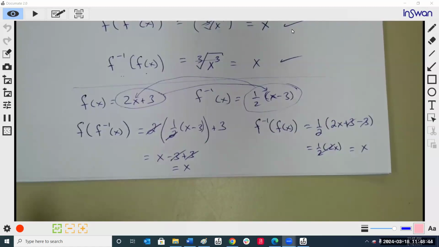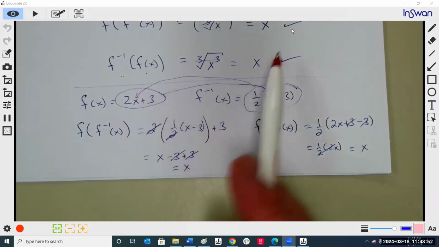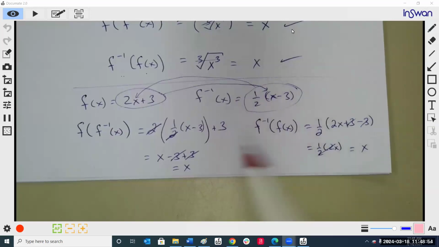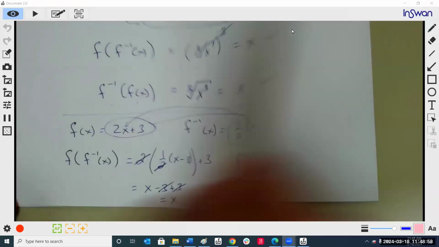So that's how you check to see if an inverse is really the inverse. If you do the composite functions and we get x as a final solution, then that's proof. Anything else, it doesn't, that means it's not right.